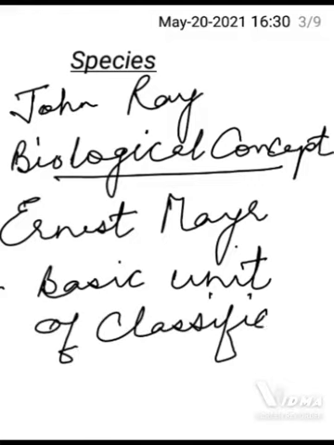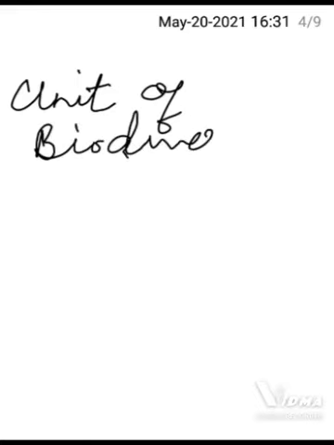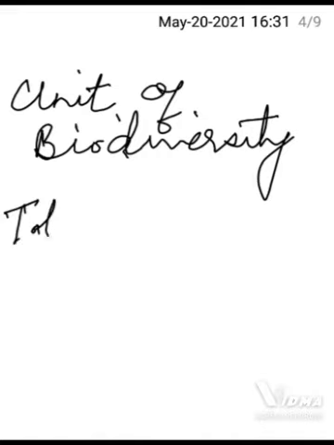So, if it is asked, what is species? It is the basic unit of classification. It is also called unit of biodiversity. So, this term is also used as a unit of biodiversity. Now, how many species have actually been discovered?